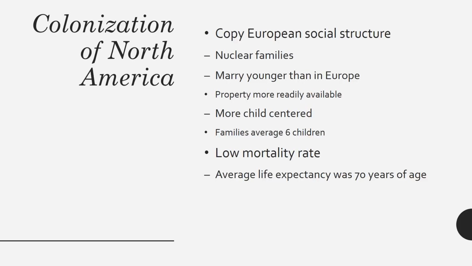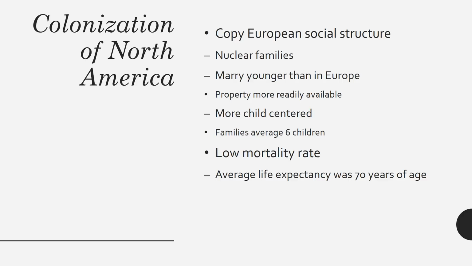Social structure here will be copied with the idea of nuclear families, small, closely knit family groups, which will start expanding during the time period because of younger marriage. Once again, property is more readily available, so people feel they can get married sooner and not have as much risk there. We start seeing more and more child-centered families, so take that nuclear family and then start expanding it by having more and more kids.